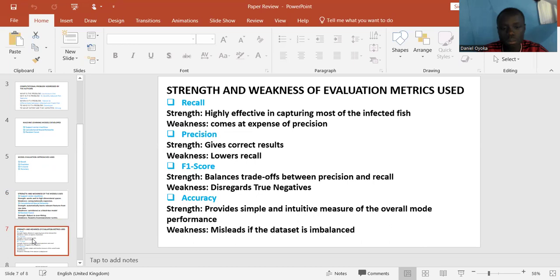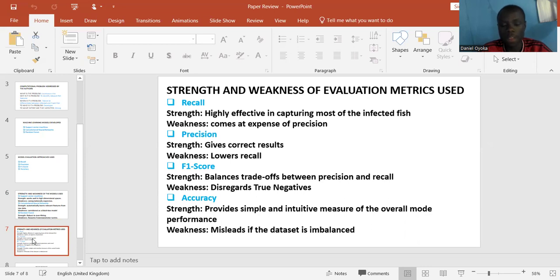For the F1 score, its strength is that it gets rid of the trade-offs between the precision and recall metrics, and its weakness is only that it disregards true negatives in its computation when evaluating the performance of a module. For accuracy, its strength is that it provides a simple intuitive measure of overall model performance, and its weakness is that it misleads if the data set is imbalanced.